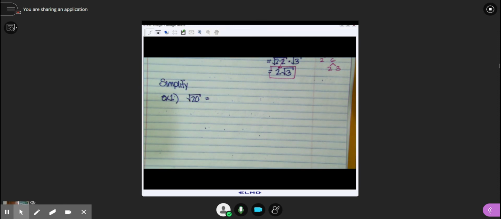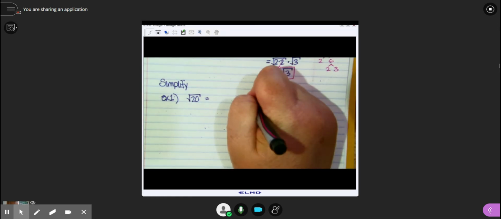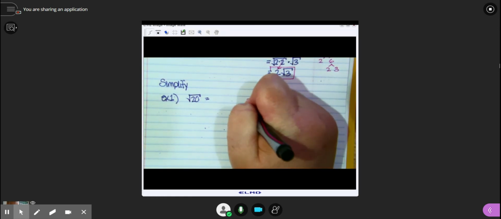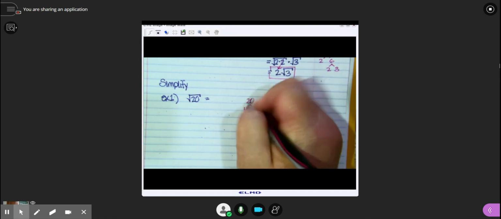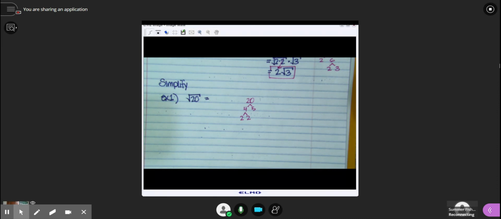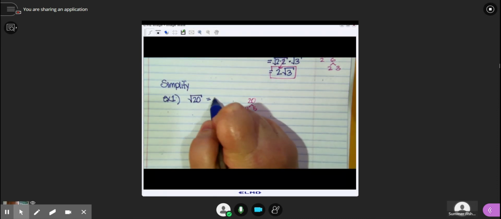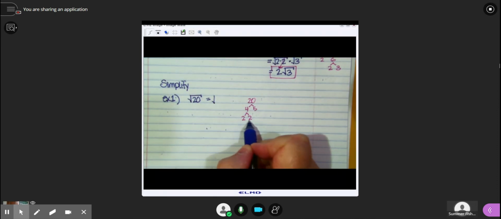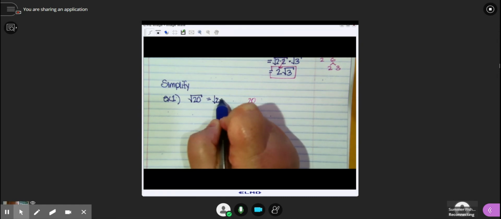I like the prime factorization method, so I'm going to continue on with that. 20 is 4 times 5, and 4 breaks into 2 times 2. So this would be the square root of 2 times 2 times 5.